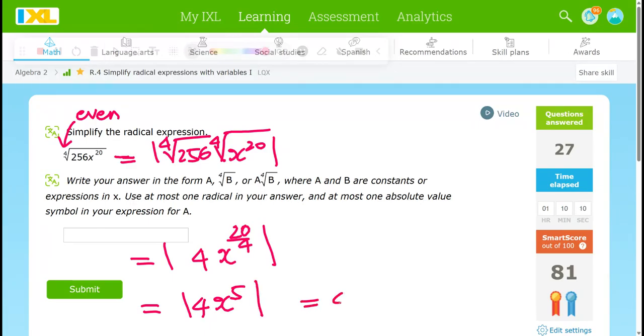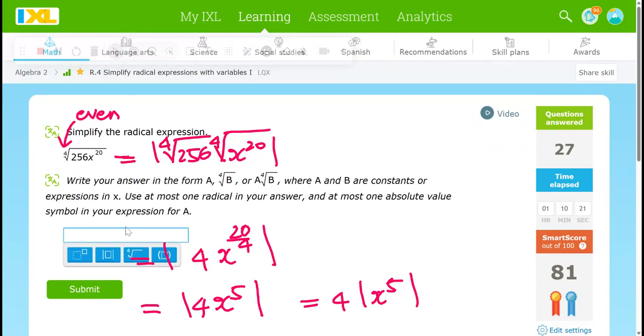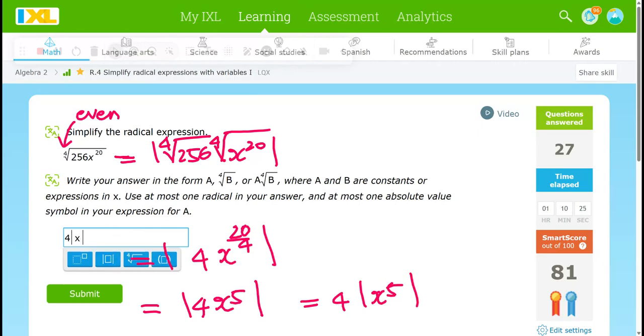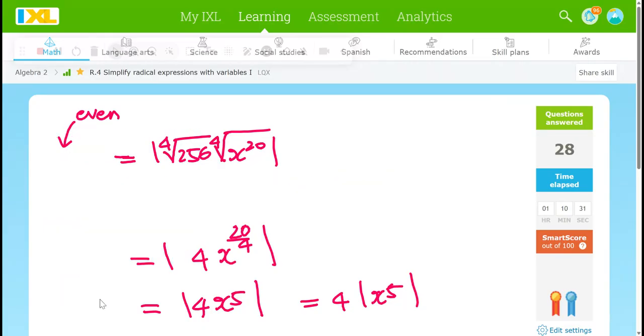But number 4 is always positive, so you can leave it outside, and inside you keep x to the 5th. I put the answer in for absolute value x to the 5th. Submit. Voila.